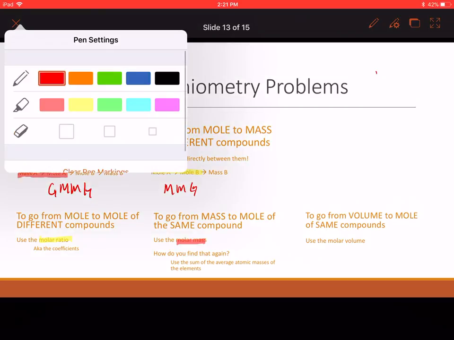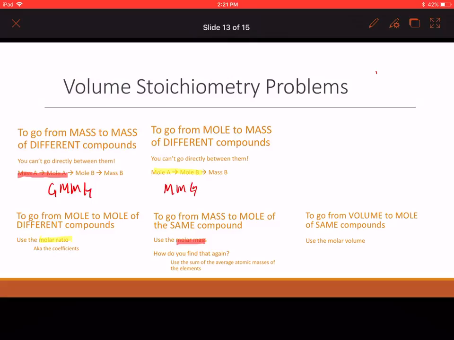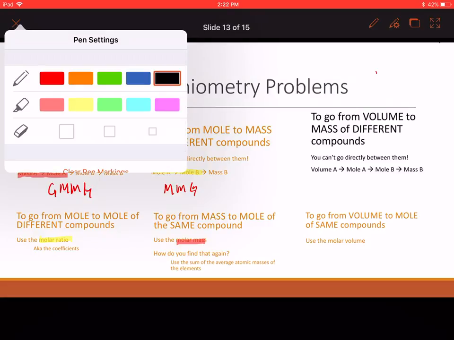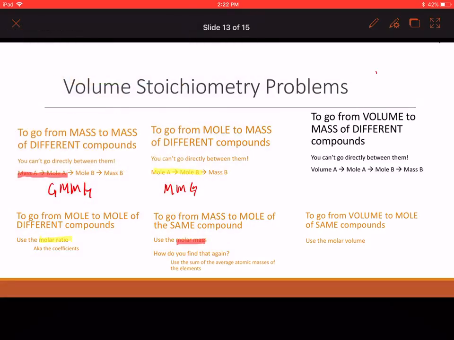Now we have this additional piece here where we're going from volume to mass of different compounds. And again, we can't go directly between them. Instead, now we're going to be adding volume to our pathway, and we go from volume to mole of the same compound. We're going to use molar volume.